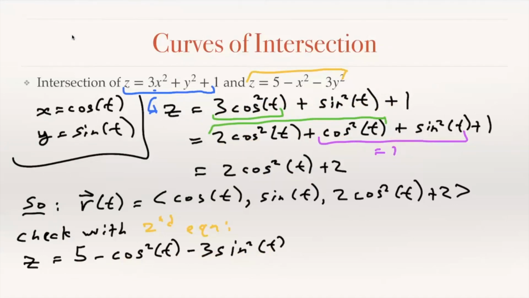But if we use this simplification using the trigonometric identities, then we should get the same form here. So let's do our trigonometric identity. We'll do the same trick. That is 5 minus cosine squared t. Okay, minus 2 sine squared t minus another sine squared t.